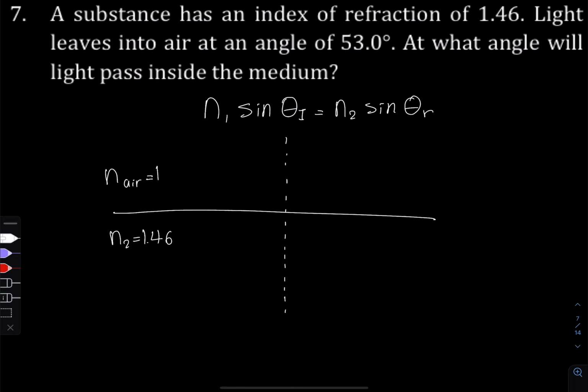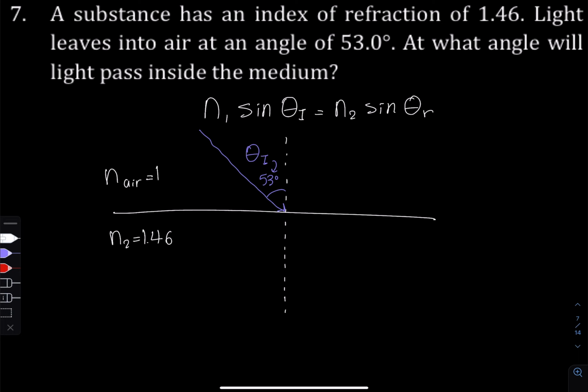Okay. So then this creates a little light ray that comes in. So they're saying that it leaves into air at an angle of 53 degrees. So this angle of incidence equals 53 degrees. At what angle will it pass inside the medium?